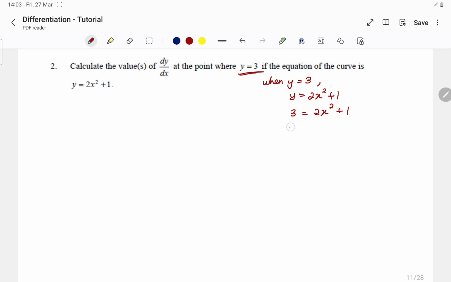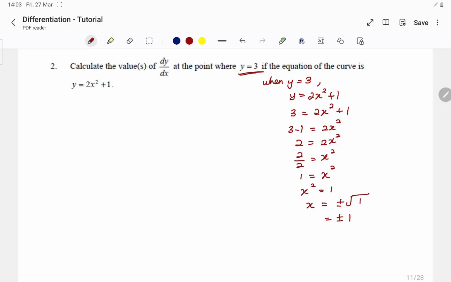So you bring 1 to the left side, you're going to get 3 minus 1 equal to 2x square. Here you got 2 equal to 2x square, and then 2 you bring to that side, 2 divided by 2, x square become 1. So here x square become 1, and if you want to find x, you have to put plus minus 1. So the answer is plus minus 1 here.